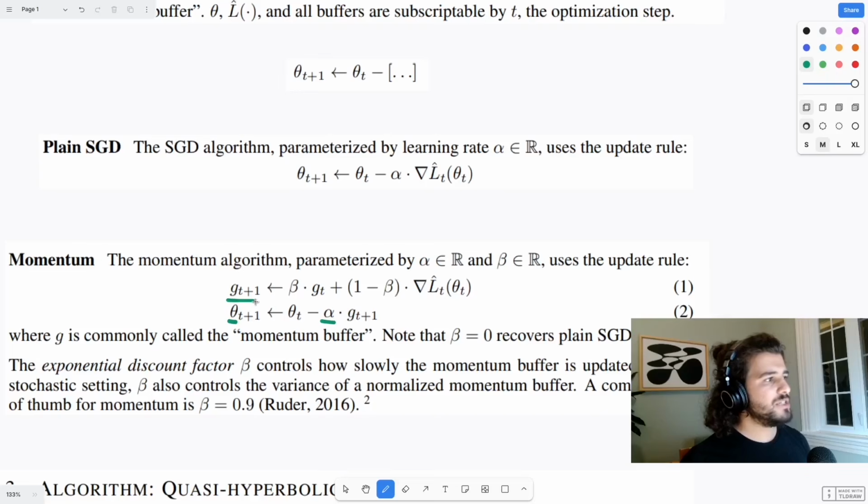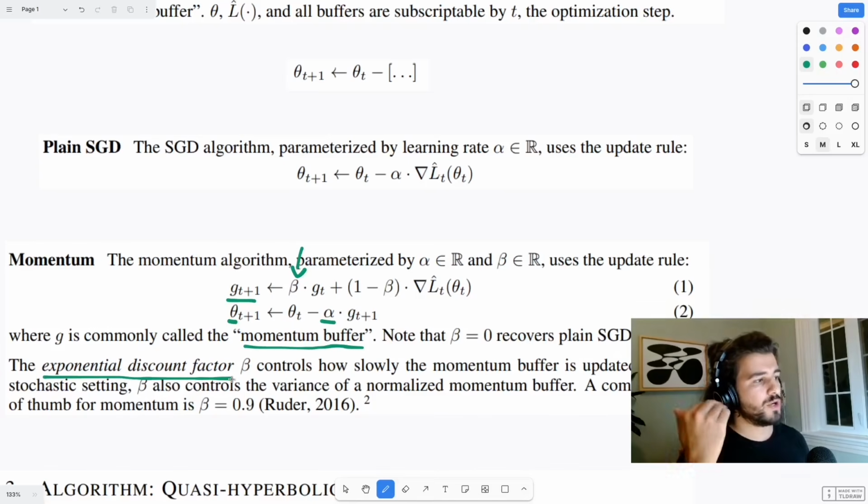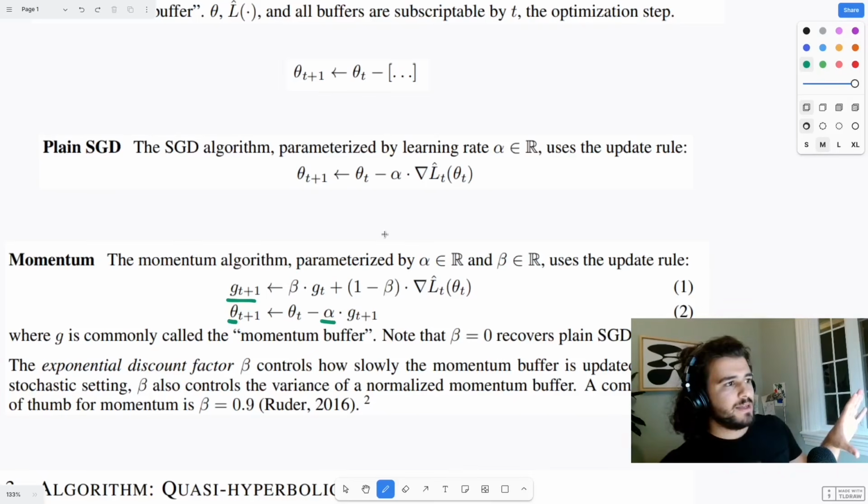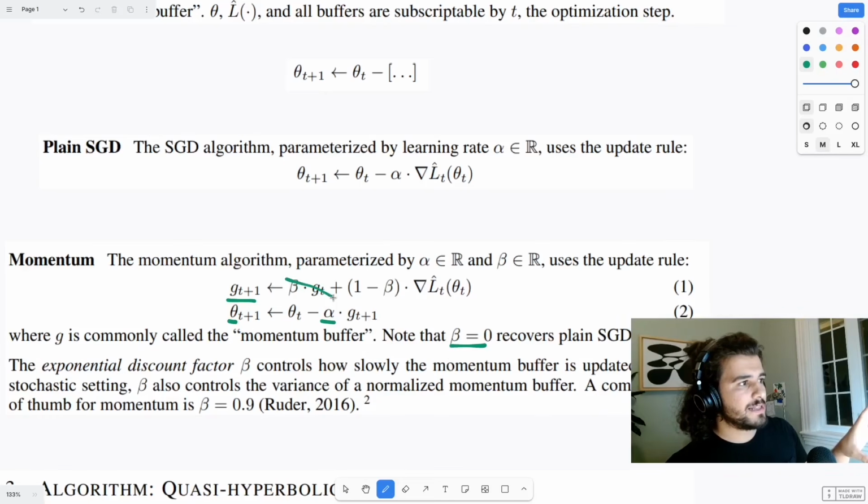We have G, which is now called the momentum buffer, right? And then we have B, which is called the exponential discount factor, beta actually. So this thing is now the exponential discount factor in my head. And what is happening here? If we have a beta of 0, this gets killed out, and this goes to 1, right?